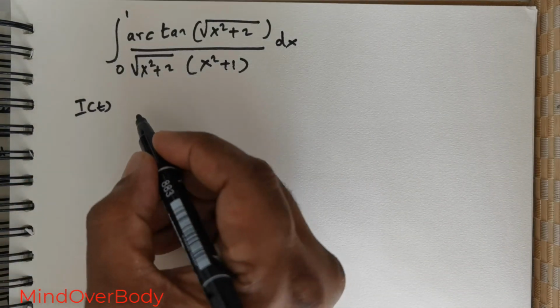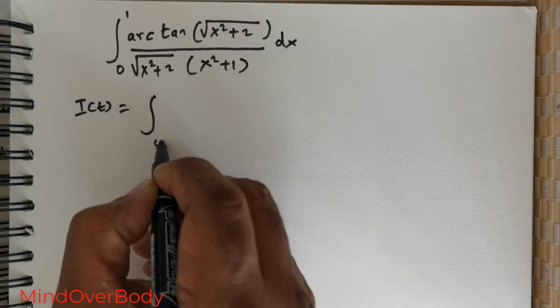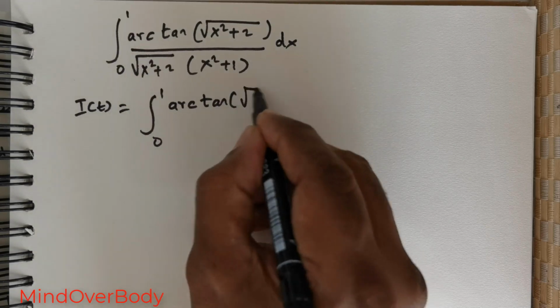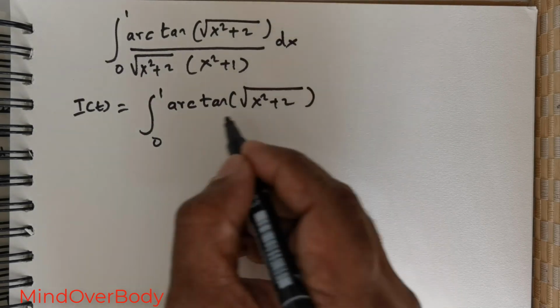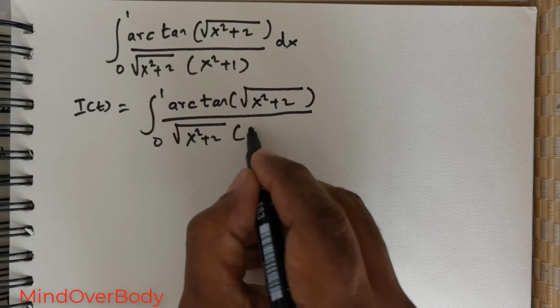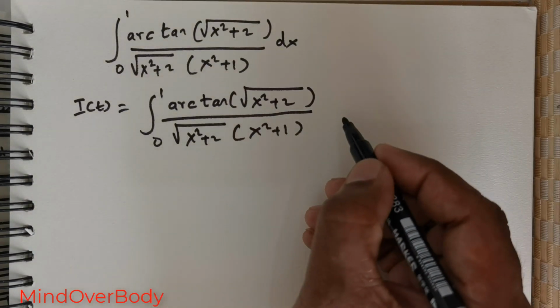So I would like to define I of t is equal to the integral from 0 to 1 of arctan of t times root of x squared plus 2 divided by square root of x squared plus 2 times x squared plus 1.